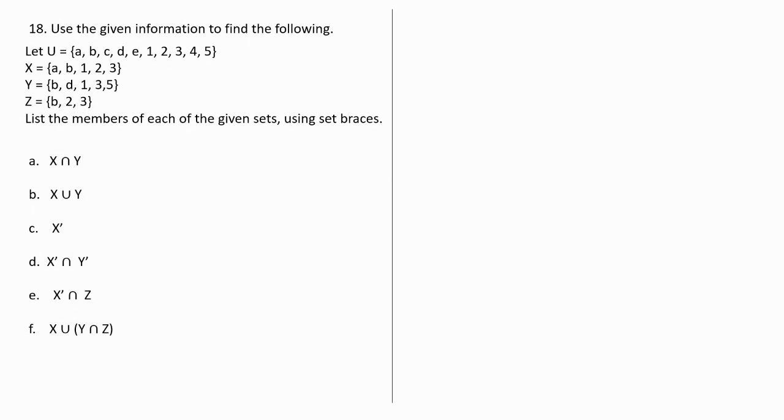So before we do that, since we need to find the complement, X prime means complement, which means not those. Okay, let me show you what it means. So this is X, correct? X is A, B, 1, 2, 3. So then we're going to go to the universal set here. So not A, not B, not 1, 2, 3.